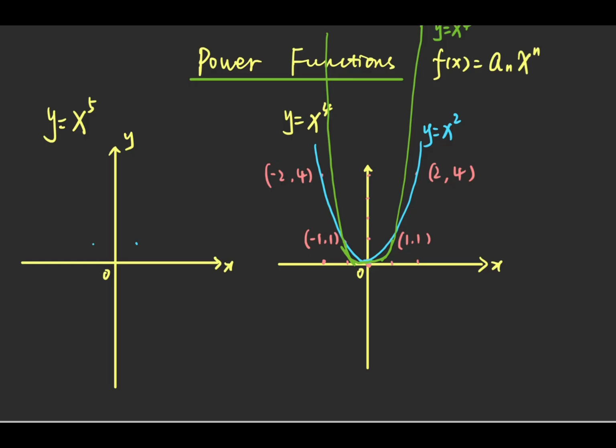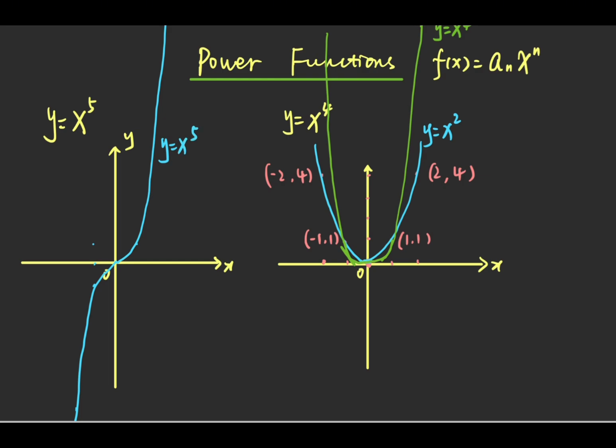If x equals negative 2, the y-coordinate should be negative 32. So the graph should be steeper. y equals x raised to 5.